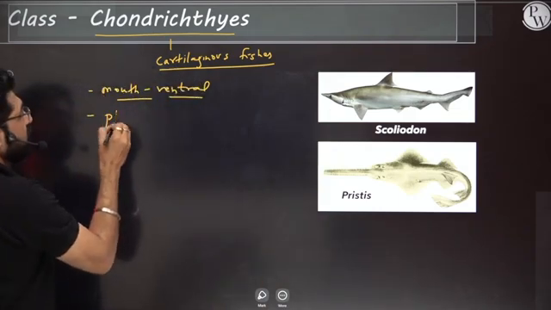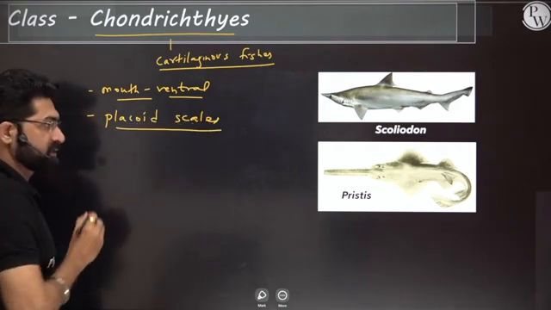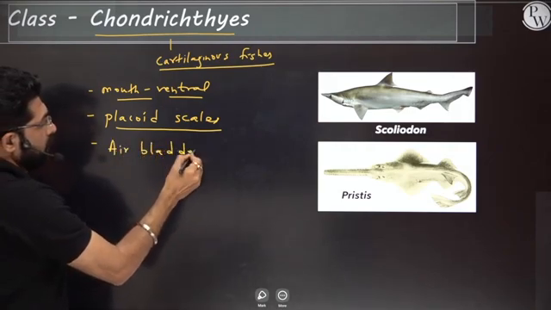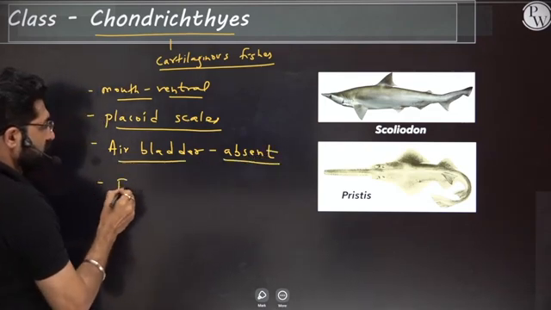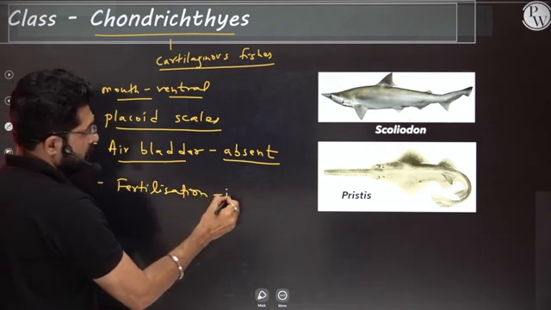They have placoid scales on the body. Air bladder is absent. Fertilization is usually internal.